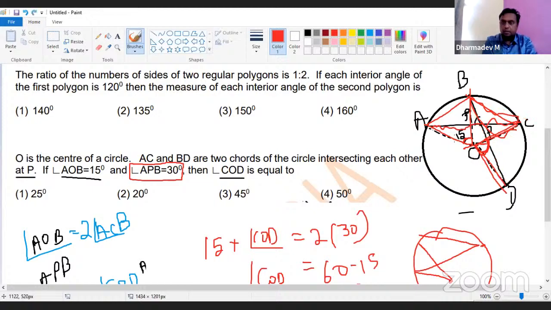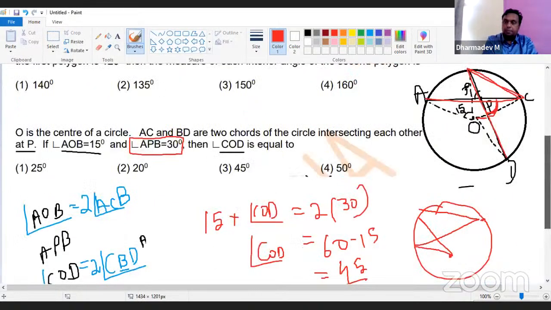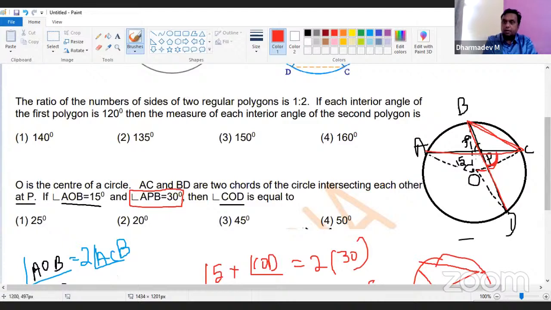Adding up these two angles, ACB and DBC, both together would be equal to the angle at the intersection point. So what is the intersection point? I have it as APB, or on the other side.